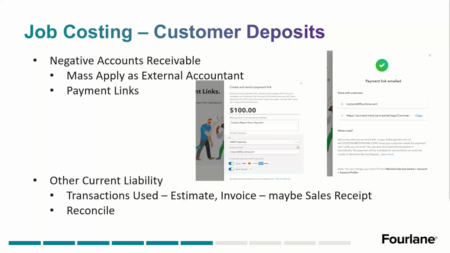So where's it going to go? It's cash in, so a debit to cash, and a credit to either accounts receivable, which would be a negative AR, or a credit to a current liability account, which would be a positive in the current liability section.